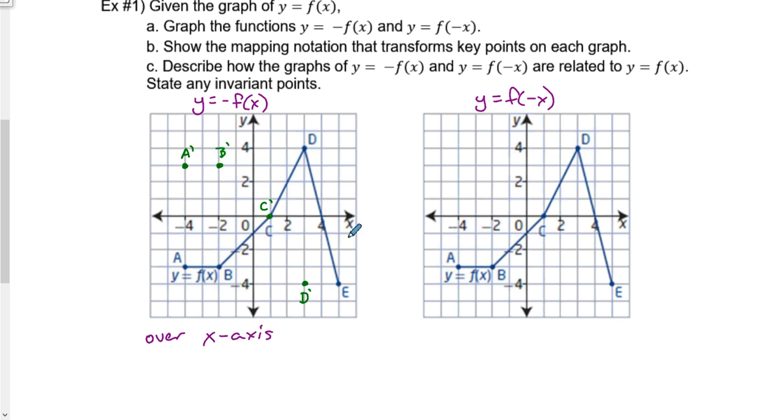E is 4 points below, so when we reflect it over, it's going to be reflected 4 points above. And then we're just going to connect the dots. Of course, if I had a straight edge, I would definitely be connecting with the straight edge. I just want to make sure it's nice and in color.